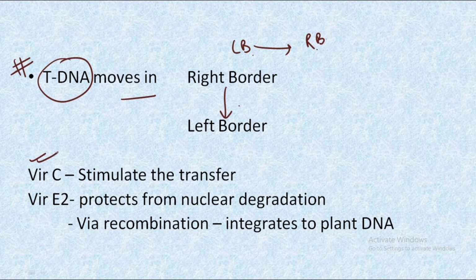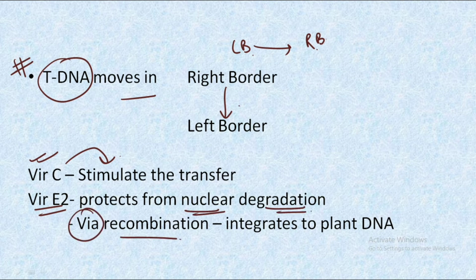Then we have the VIRC, which stimulates this transfer of the tDNA into the plant cell, and then we have VIRE2 that protects from nuclear degradation, and via the process of recombination, it integrates into the plant DNA.